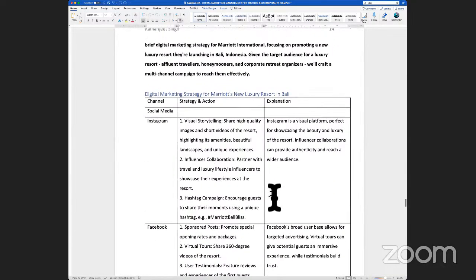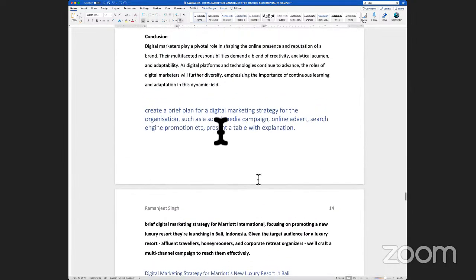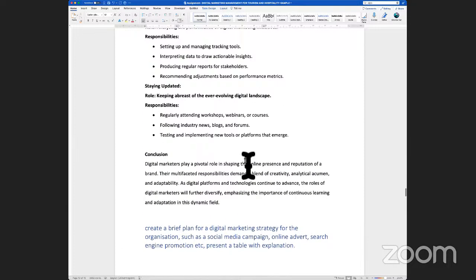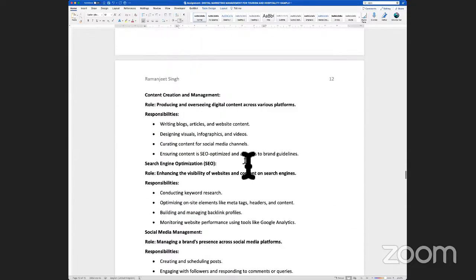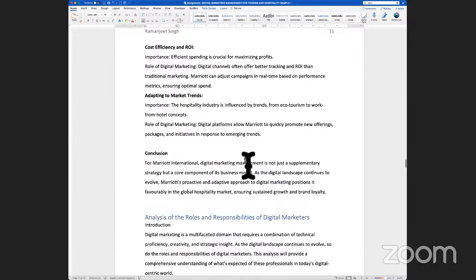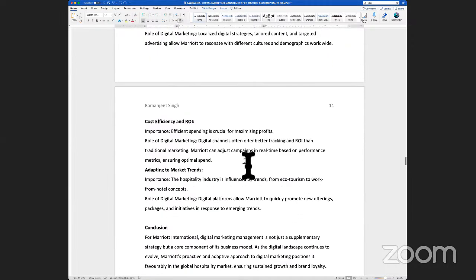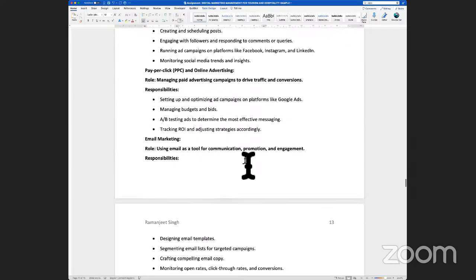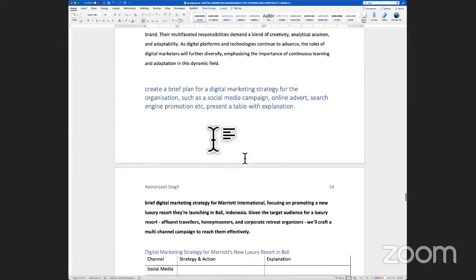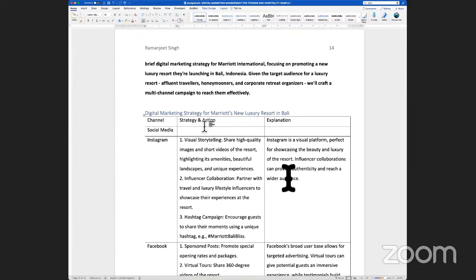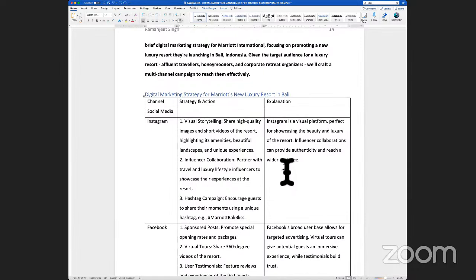So things which I've covered in the previous task. This task has to be done covering the previous task, wherein whatever roles I've discussed, or the ways through which the company looks at getting hold of its customers, those roles I've expanded into a table with a bit of strategy and action, and a bit of explanation of how they would be using these sources to advertise and create a digital marketing strategy.